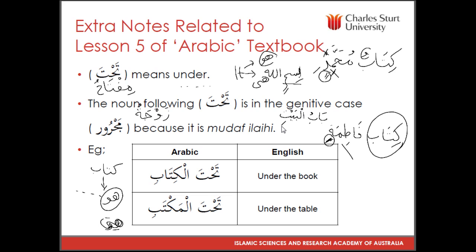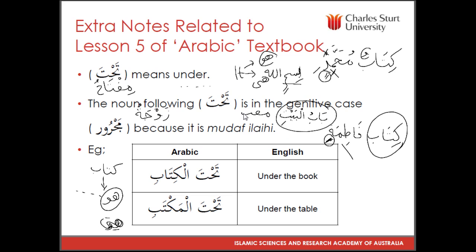Also, the ending of mubtada and khabar must be dhamma. So babu is dhamma, maftuhun is dhamma. Bayti, because of mudaf ilayh, is kasra. So this is mubtada, this is khabar. Both have dhamma ending.